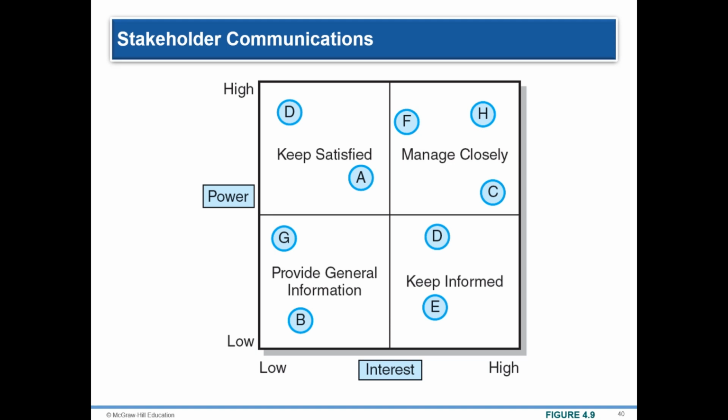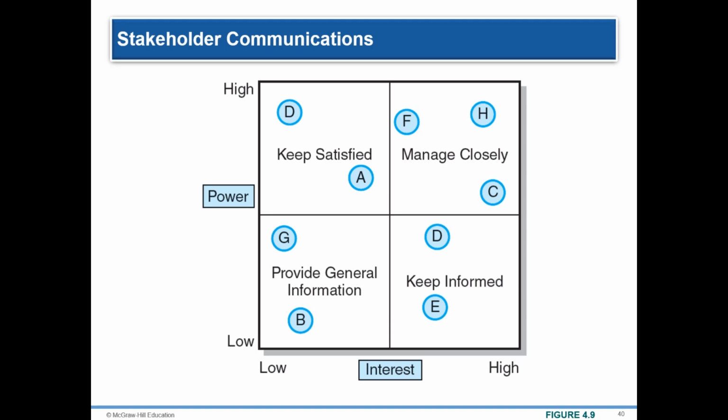And so on. Another one I highlight is low power and low interest. These stakeholders tend to be G and B. And the strategy, relatively speaking, because these stakeholders are the least influential and the least interested, is that they require only general information about the project.